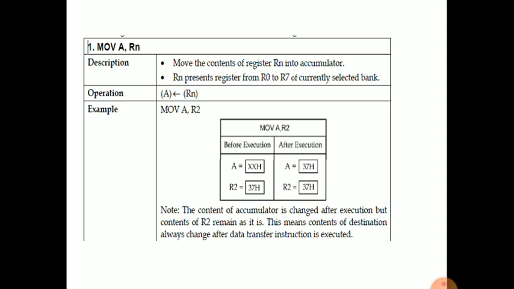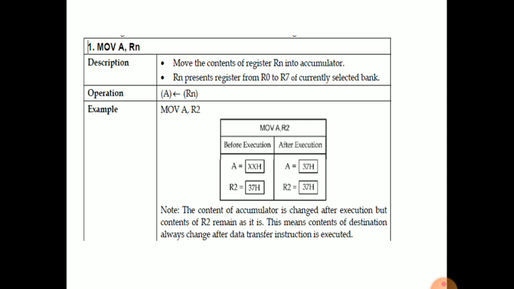Rn means register. It is a generalized register name because we have R0 to R7. The same R0 to R7 are represented with Rn, where n is a number ranging from 0 to 7. So that is the register. And you know that A is the accumulator register.